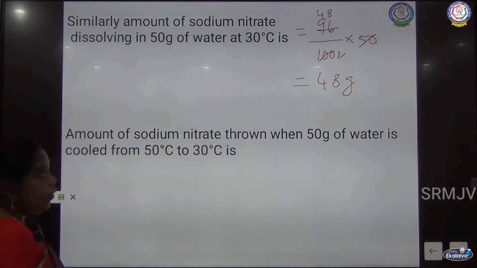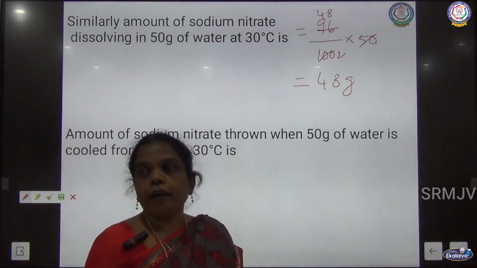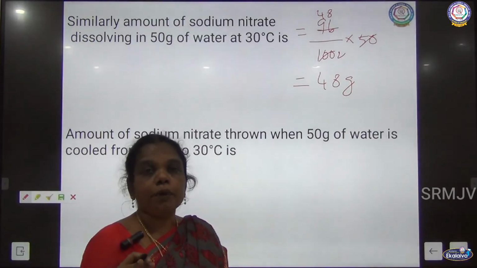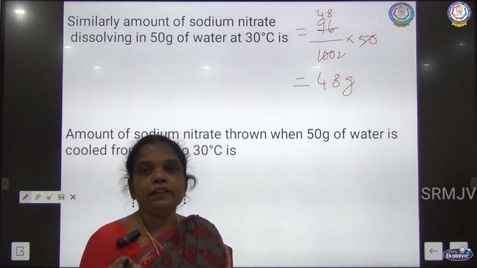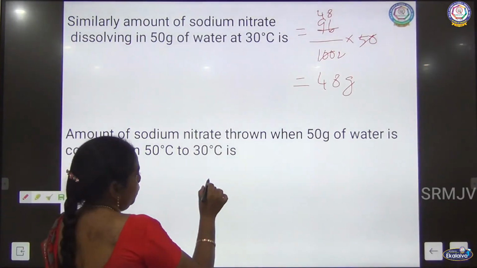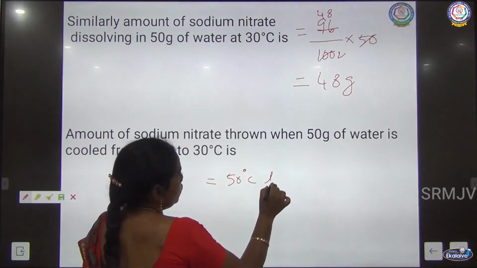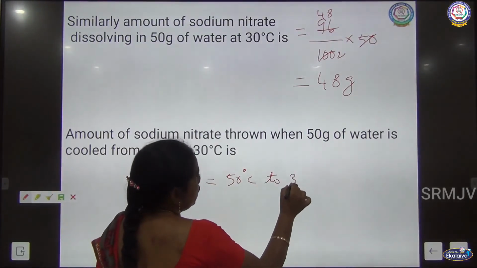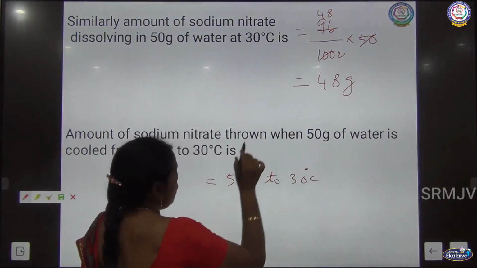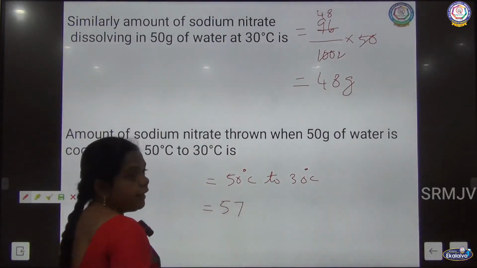Now we are going to find how many grams of solute can be thrown if you reduce the temperature from 50 degrees Celsius to 30 degree Celsius. Now for 50 degree I have found out as 57 gram.